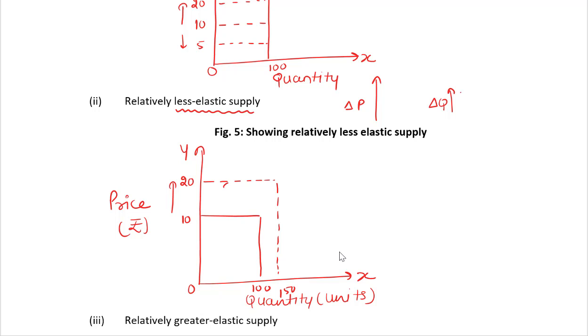So this gap is more, delta P, and this gap is less, that is delta Q. This is supply curve, relatively less elastic supply because this change is less.